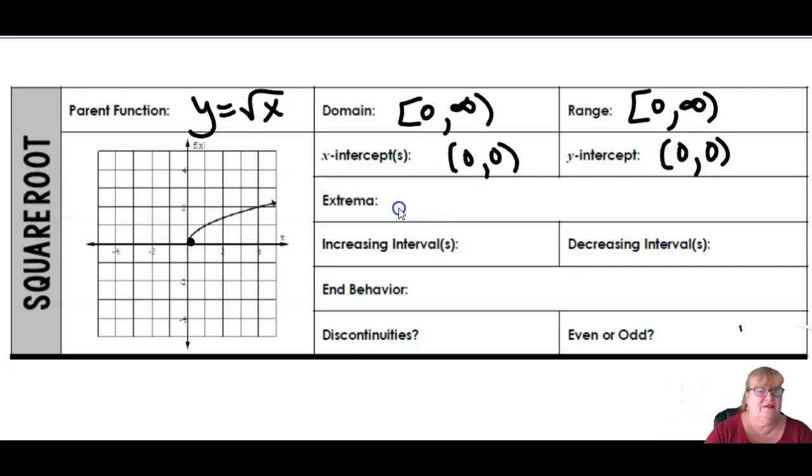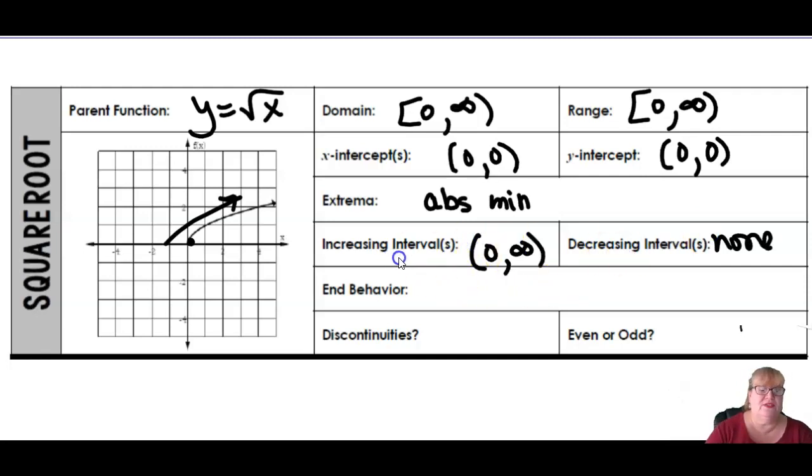It has, I guess, an absolute min. We don't really talk about that, but yeah, it stops right there. It is all increasing from 0 to infinity, and we don't need to include 0 because it's never increasing or decreasing at a particular point.